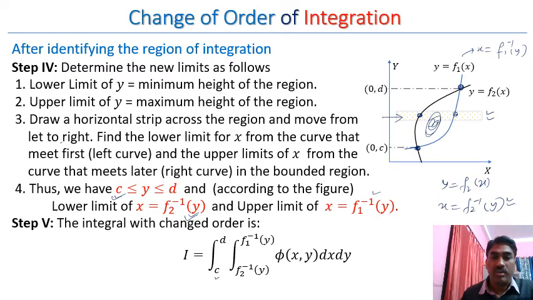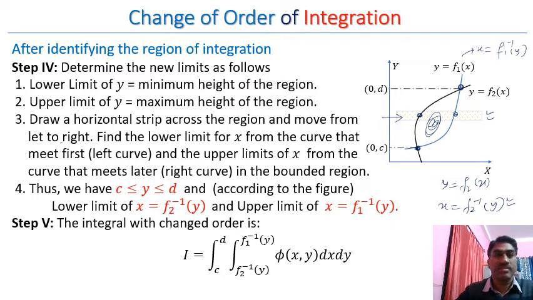The outer integral means constant limits are for y, so y has limits c to d, and x has limits f2 inverse y to f1 inverse y, lower to upper as we integrated. Now we have changed the order of integration, and now you can integrate this integral with respect to x first, because the variable limit is now with x.